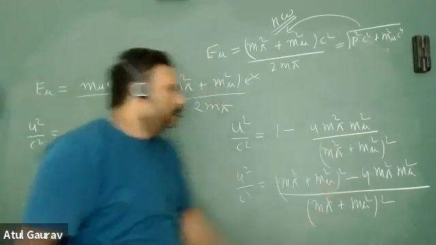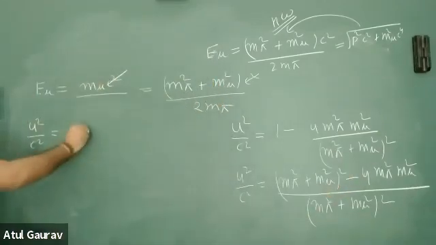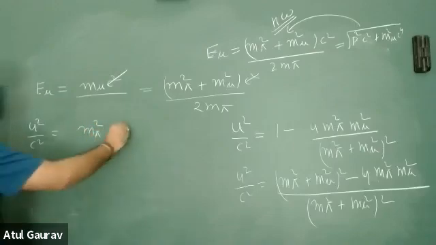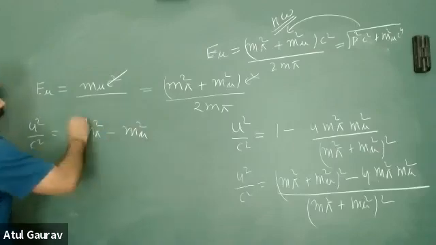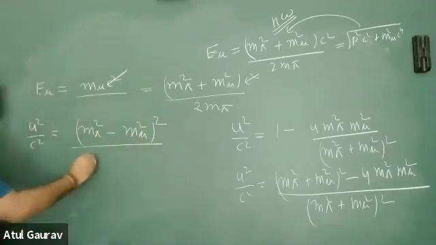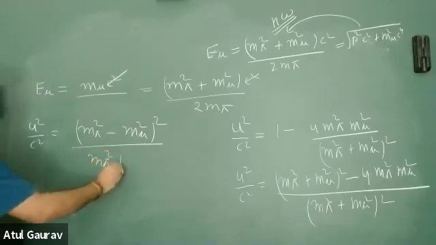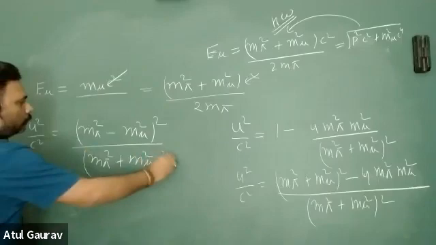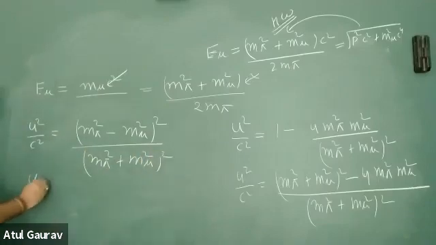This thing is nothing but m pi square minus m mu square whole square by m pi square plus m mu square whole square. And now we can get the velocity of the muon.